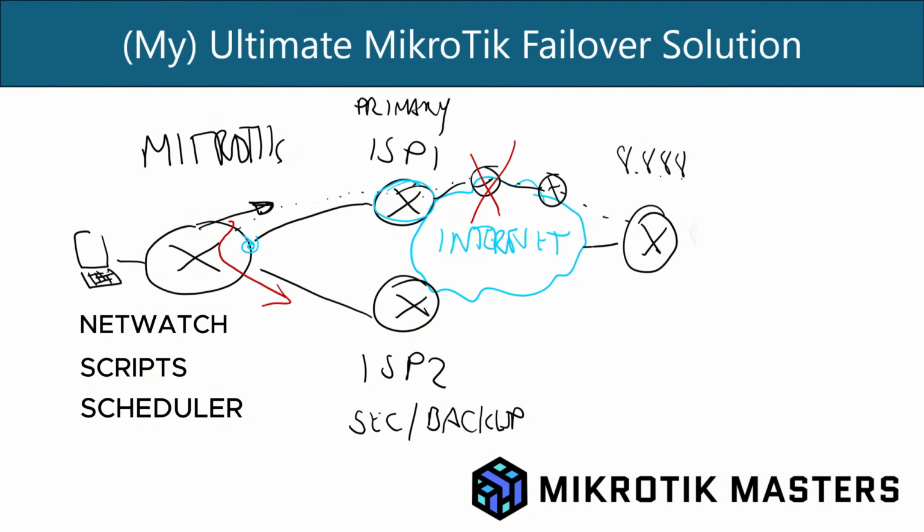So this is going to send, using Netwatch, it's going to be pinging here constantly. If that fails, it's then going to run a script which is going to confirm it's offline, fail over to this network, but then also run a secondary script which is going to constantly be checking this one. And if it fails, it stays down, until eventually it's back up, and then it's going to reverse the whole thing, and we're going to then ping out.